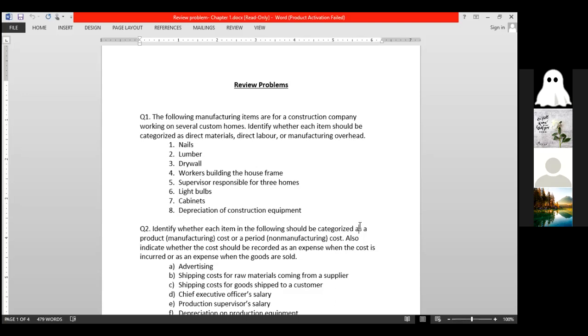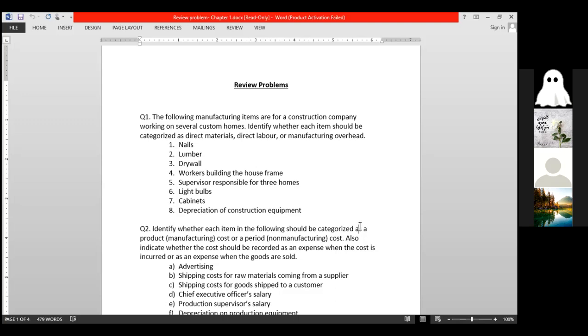Yes, it is not a material and it is not direct labor also, but it is a construction equipment that depreciated, right? In cost accounting, we do put this under operating expenses, but here it is a manufacturing overhead, since we are given the three categories. Depreciation of construction equipment is a manufacturing overhead.